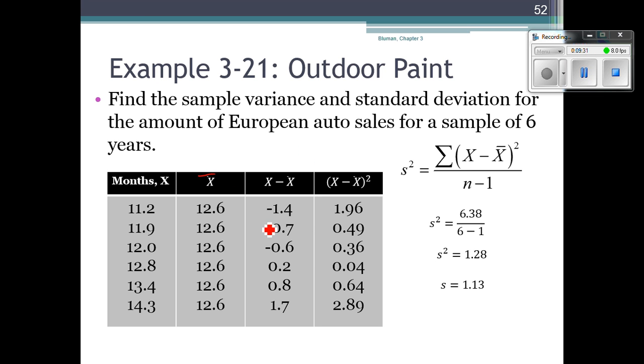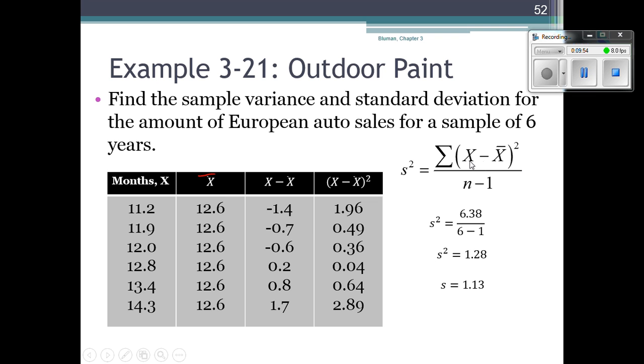My pen is acting up, so know that this is an x bar, this is an x bar. So we take x minus our x bars, 11.2 minus 12.6, we get negative 1.4. We do that for all of them. Then we take these numbers and we square them. And this is what we get.